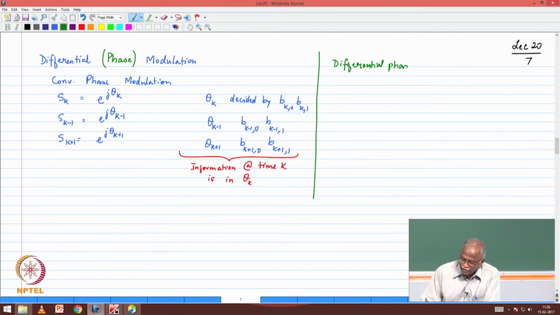Differential phase modulation. Again, this is probably familiar to you, but let me just highlight it.